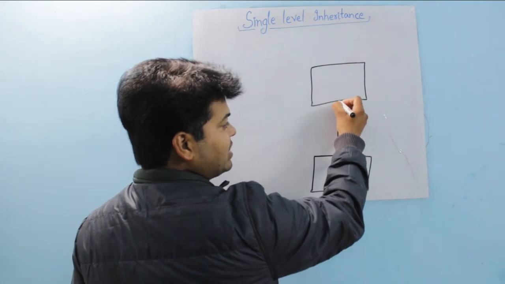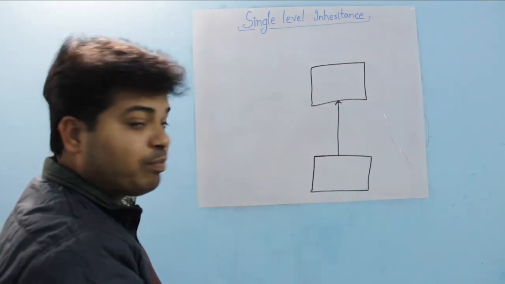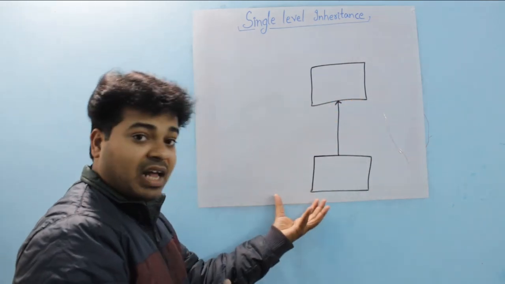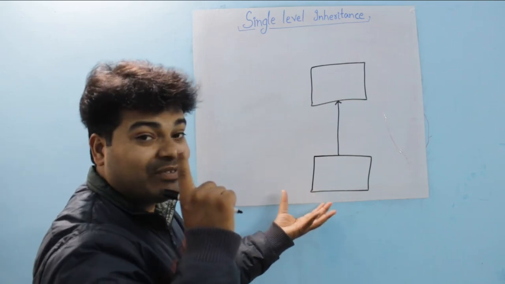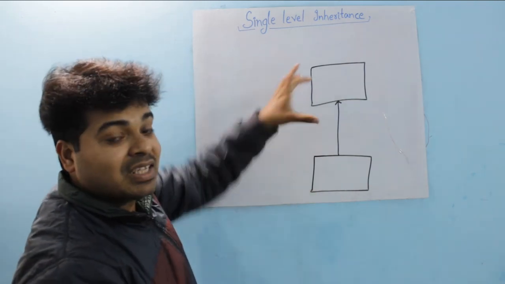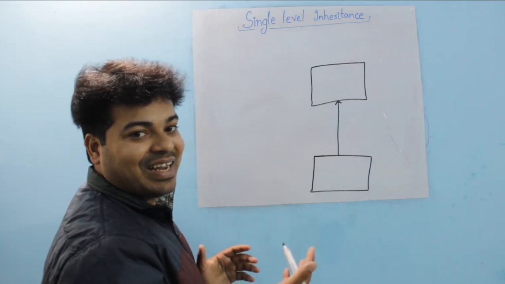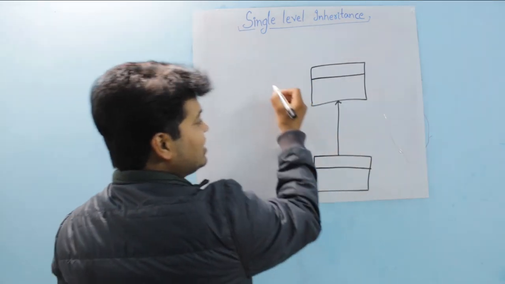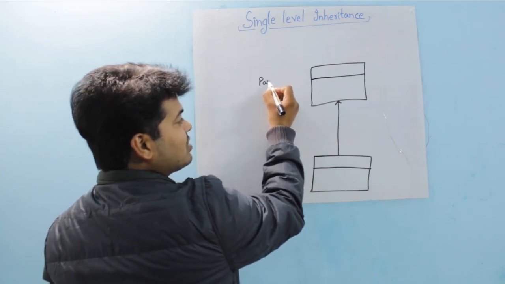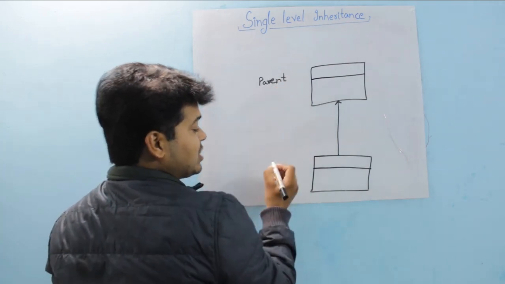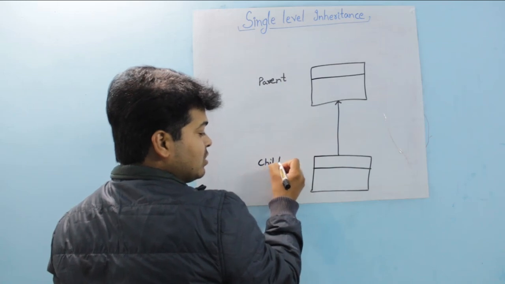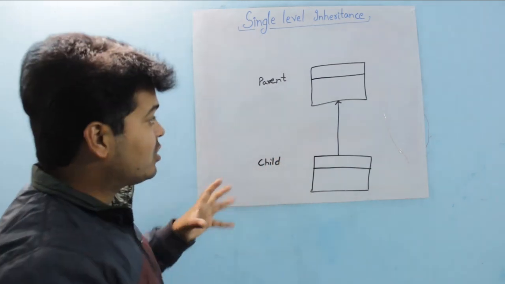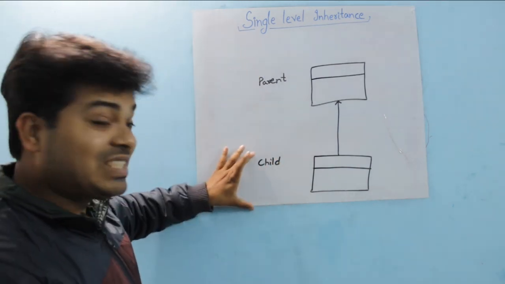So inheriting the properties in the subclass from only one single superclass is called single level inheritance. Let's say these are the two classes. This is called my parent class or superclass. This is called my child class or subclass. It is also called base class. It is also called derived class.